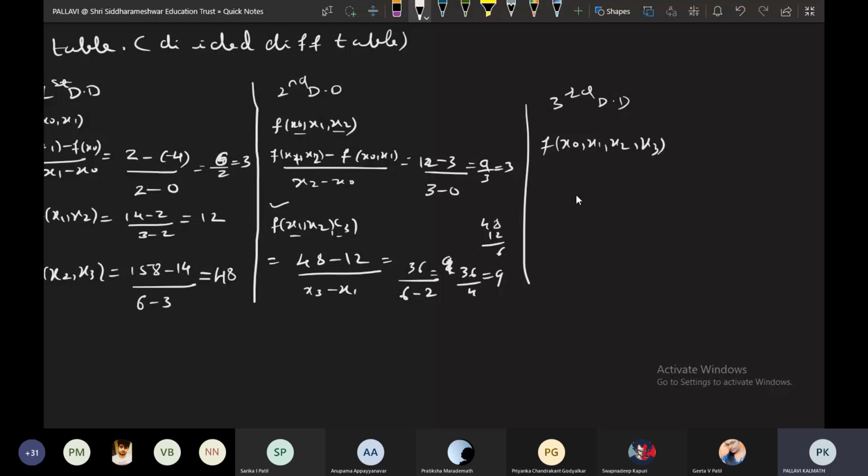Only two terms are remaining here. 9 minus 3 divided by x3 minus x0. What is the x3 value? 6. What is x0? 0. So 9 minus 3 is 6, 6 by 6 is equal to 1. Correct?